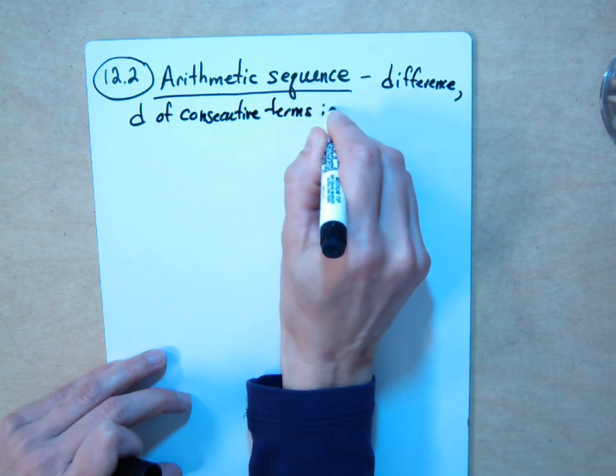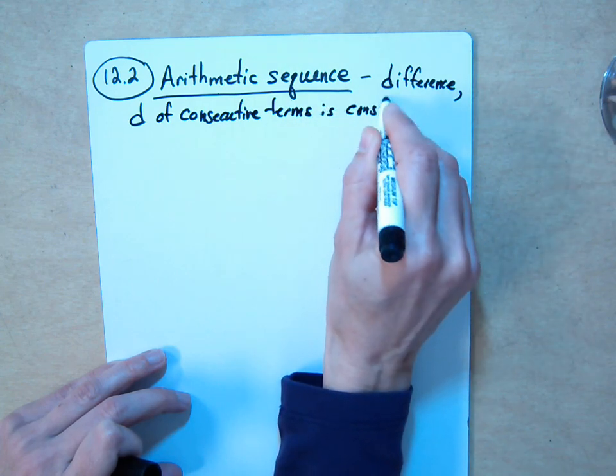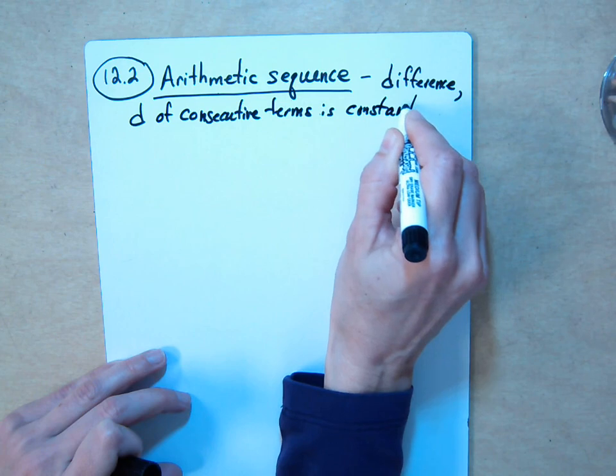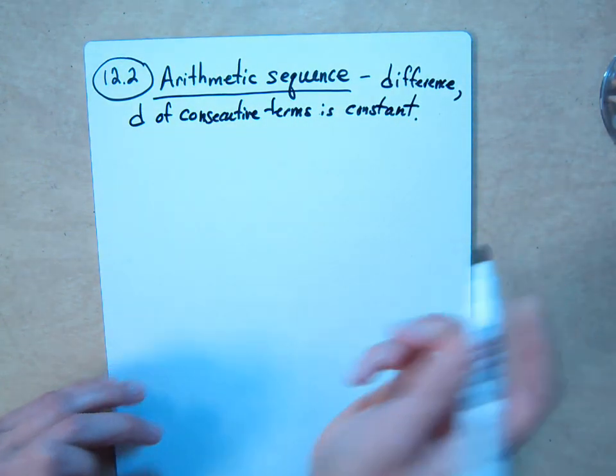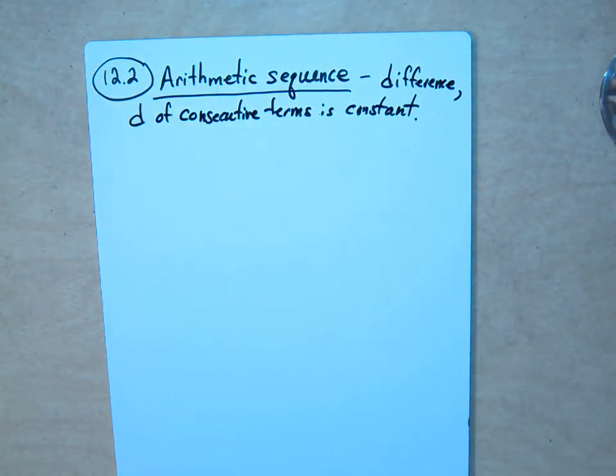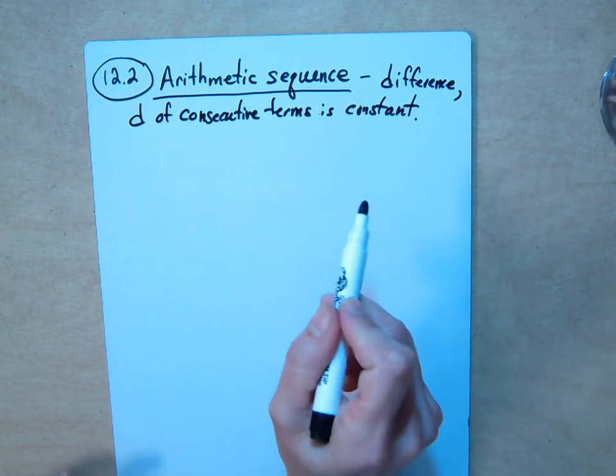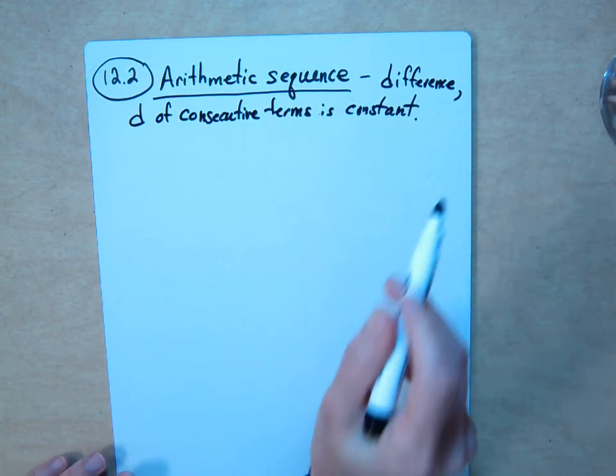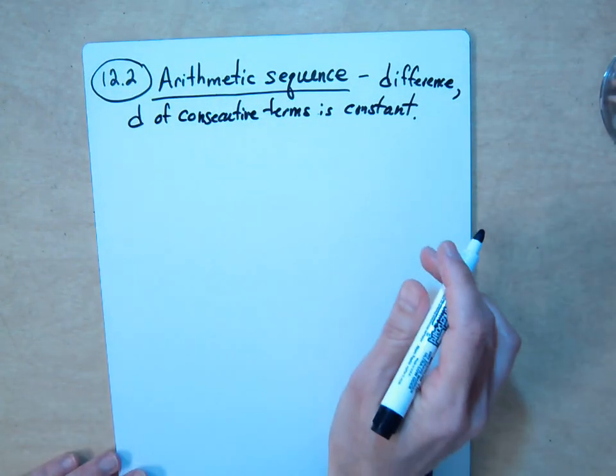Now, you've worked with many different kinds of sequences, so you know that they don't always have to be arithmetic. They could be powers of 10. That's not arithmetic. But if it is arithmetic, then there is a formula.